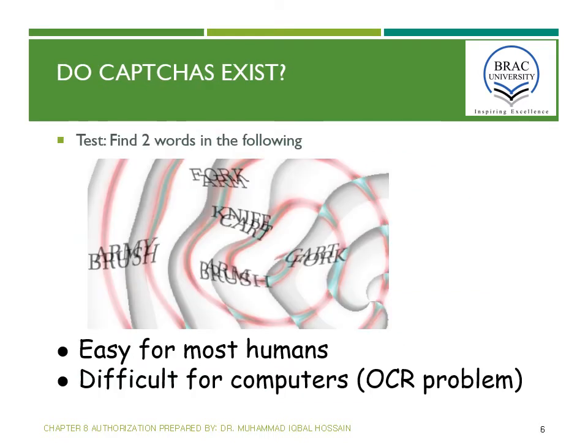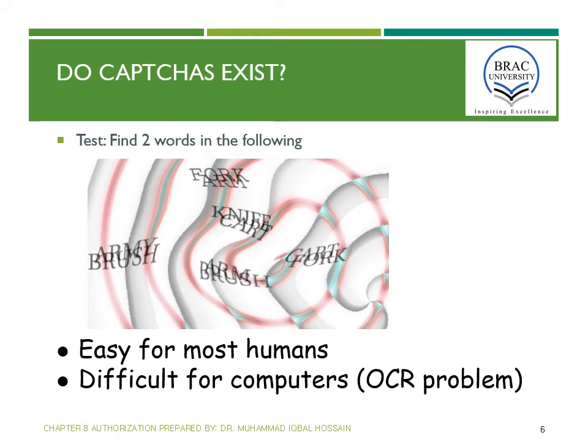For example here, find the two words in the following. The first one is fork and arm. It is easy for humans, but for computers this is a problem.